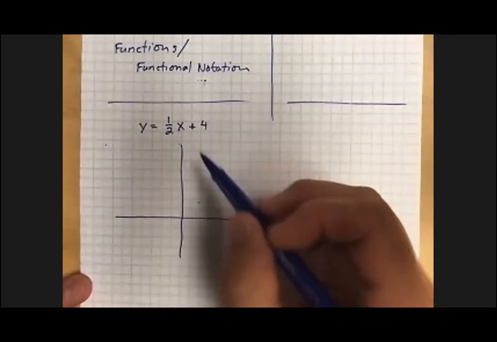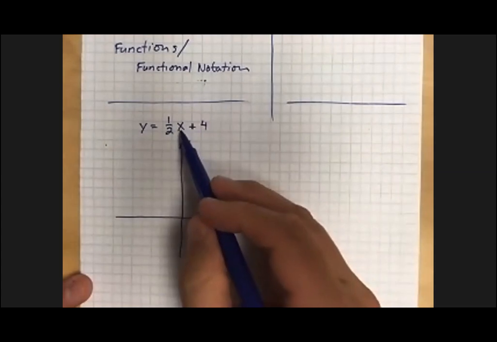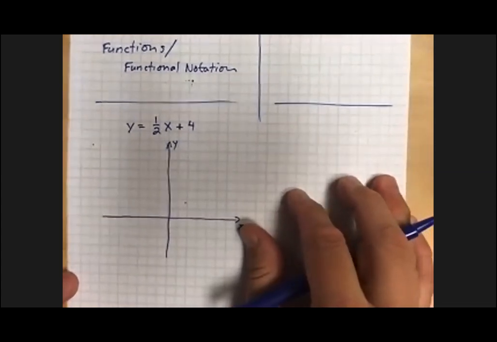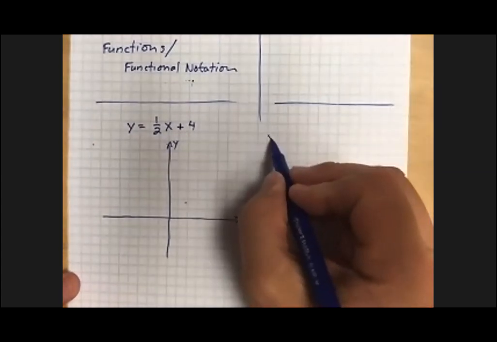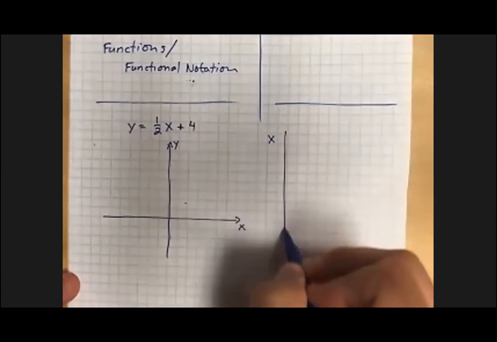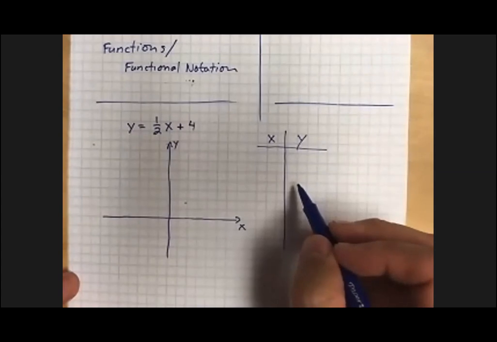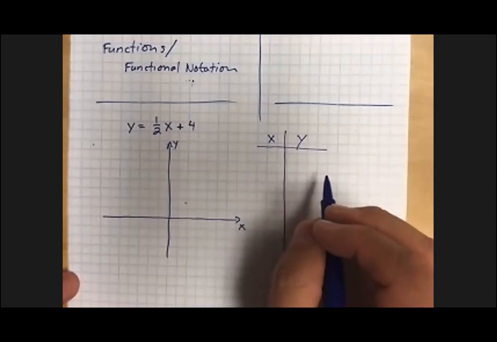I can find lots of points that fit on that line just by putting numbers in for X and calculating what Y has to be. This is actually a good trick I want to show you. If I'm going to put numbers in for X and calculate what Y is going to be, I want to do it in a smart way. Well, actually, I want to do it in a lazy way, because I don't like to work. I like to get out of work.